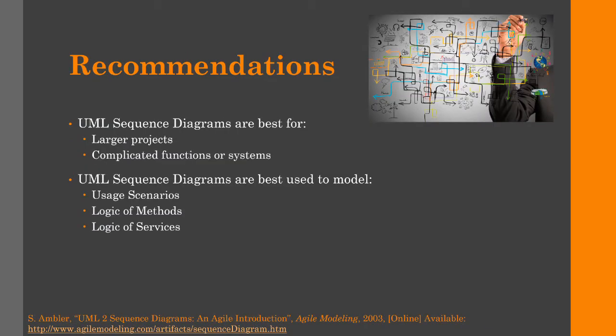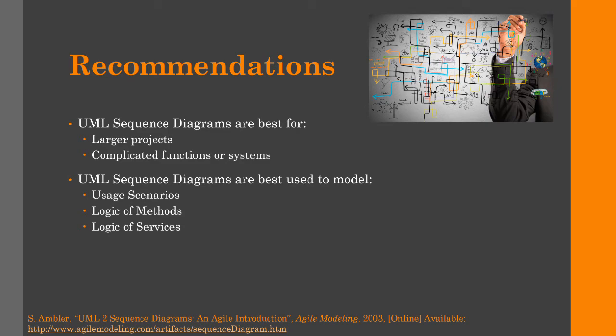Generally, UML sequence diagrams are most helpful when used in larger projects and are best used for complicated functions or systems. UML sequence diagrams can be expensive, only making them a feasible option for larger companies that tackle larger projects which contain complicated functions or systems.